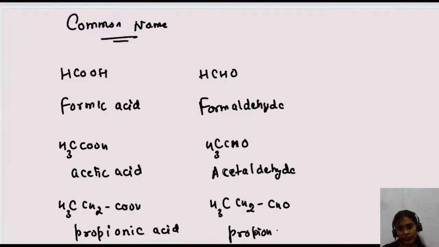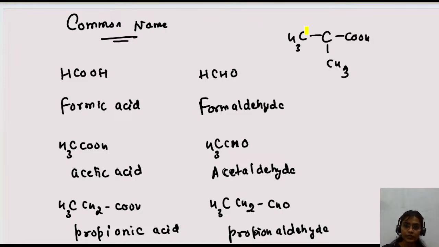It's propionaldehyde. This is the only class where the common name is as important as the IUPAC one. Okay, so that's it. One more I have to write here, four carbons. Two CH3 groups are there and a COOH is there. So what is it? We discussed it's an iso group.